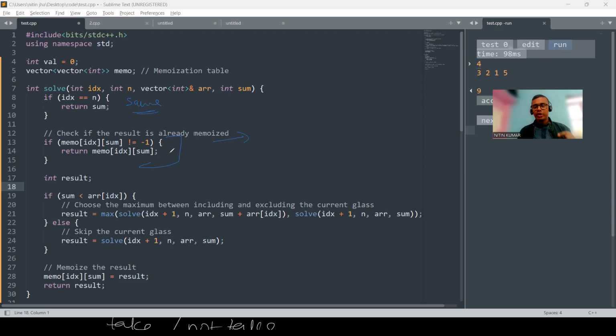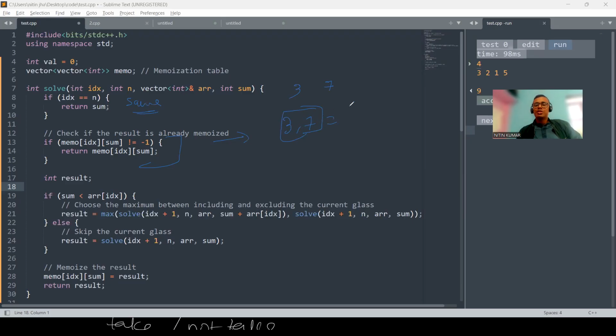So this is the benefit of memoization. Let's say I have gone to index 3 and got a sum of 7. So I will store in the box for 3, 7 the value which I got.